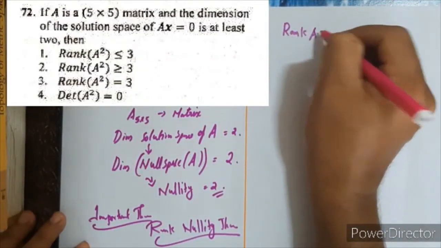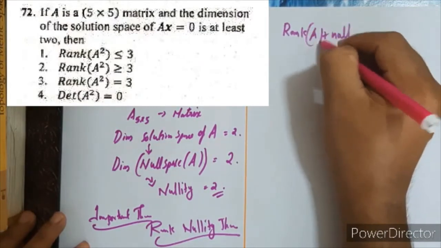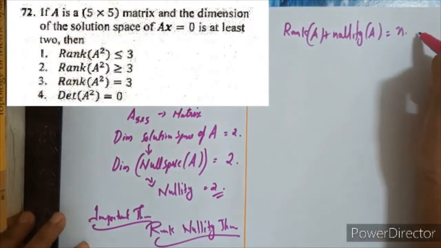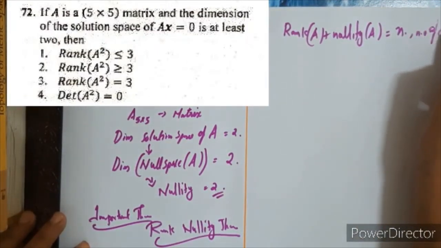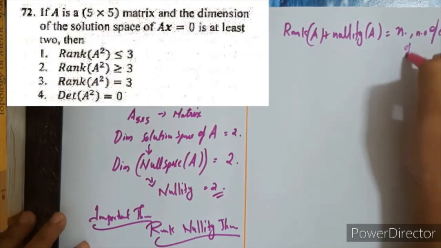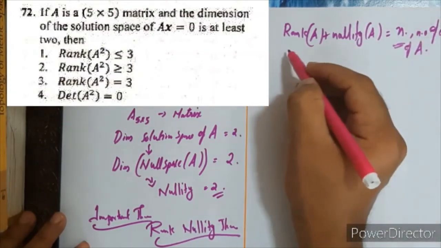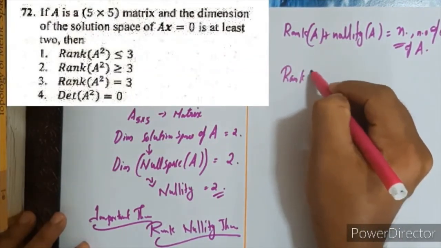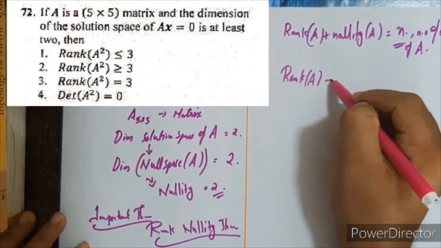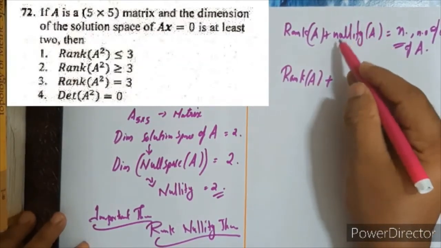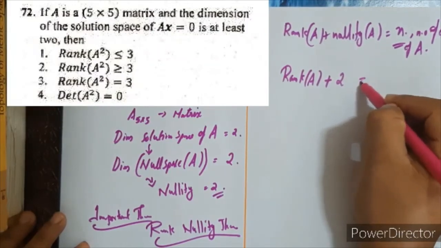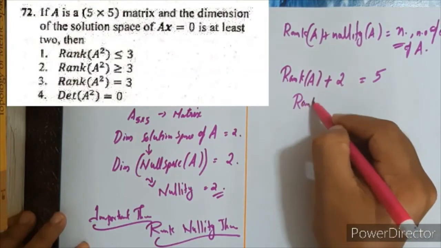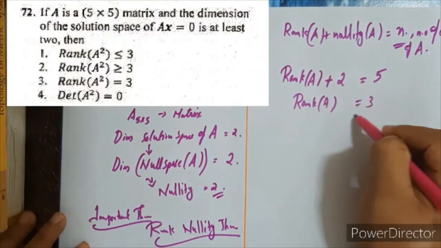Rank of A plus nullity of A is equal to n, which is the number of columns of A. Now we will find out the rank of A. Rank of A plus nullity, where nullity is 2, is equal to the number of columns, 5. So rank of A is equal to 3.